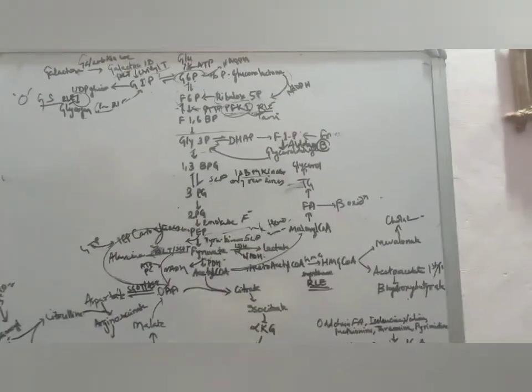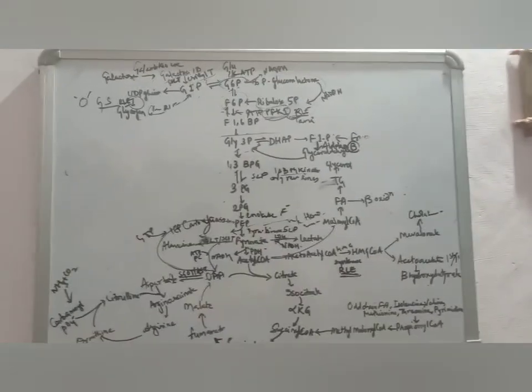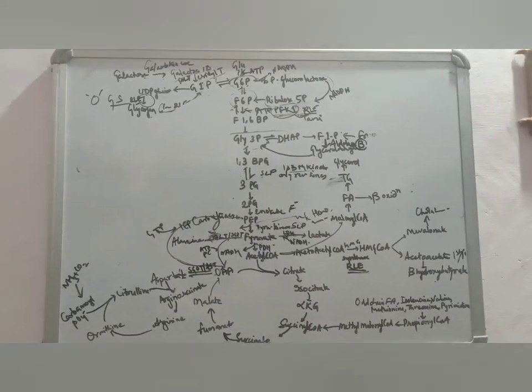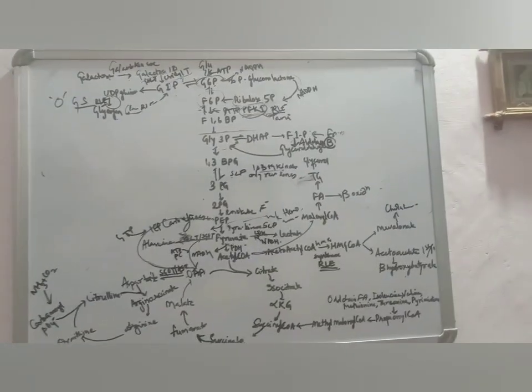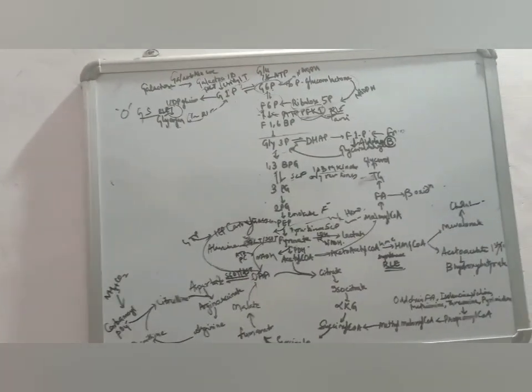Then it will go to the lungs, and when you breathe out in expiration, acetone can come out in your breath, and that acetone has a fruity odor. That is why you say that in ketoacidosis there will be a fruity odor in the breath. That is due to acetone, because acetone is volatile.